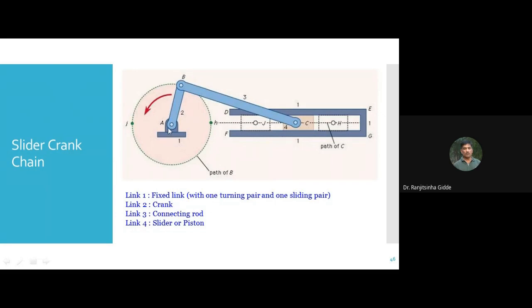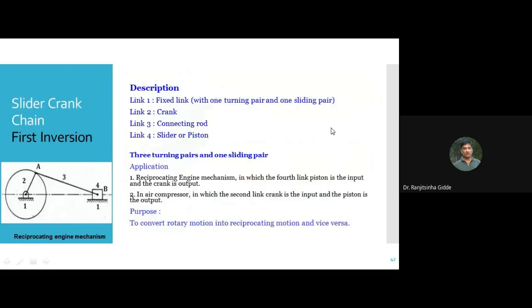Then the second one is the crank, then the connecting rod and the piston. So we had started with this slider crank chain. The first inversion is nothing but the reciprocating engine mechanism.